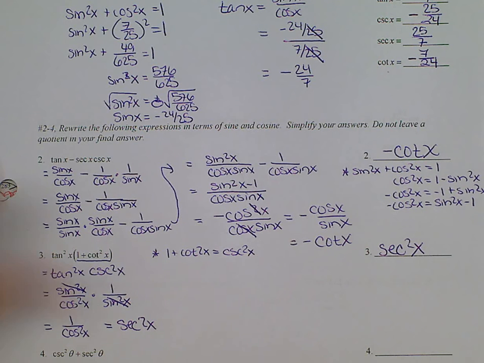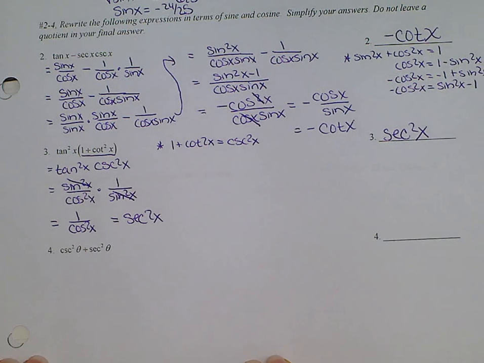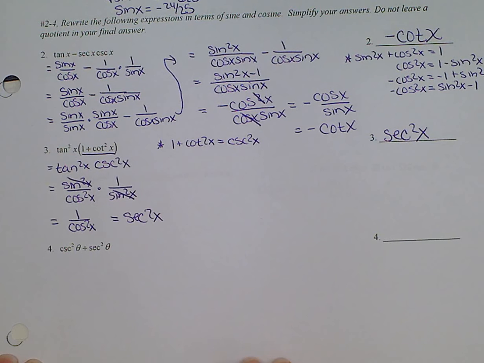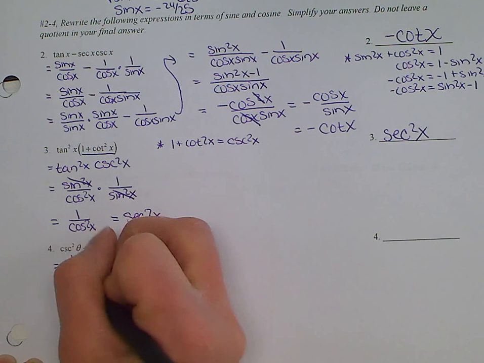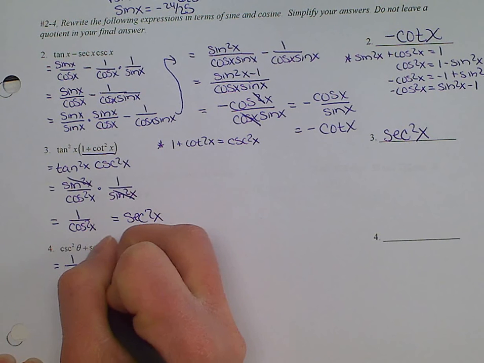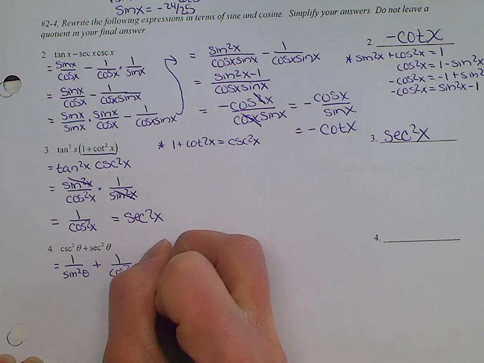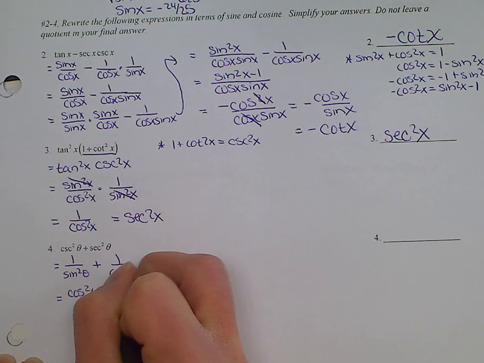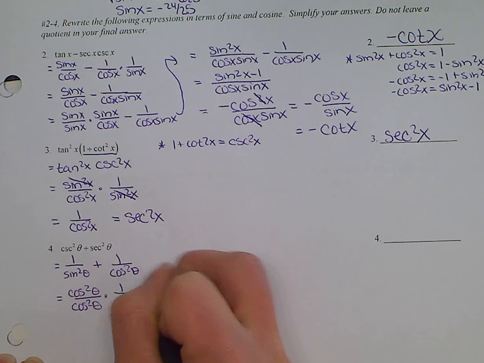Okay, the last one. Converting to sine and cosine. There are other identities that we can use. I'm just going to convert to sine and cosine right away, which then the next step, the only thing that we could possibly do is find a common denominator. So we have to multiply the first fraction by the cosine squared over the cosine squared.